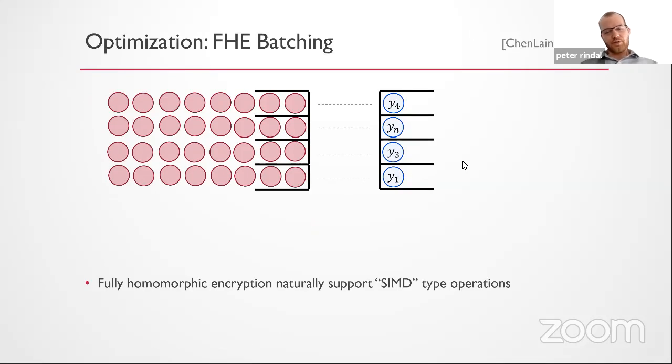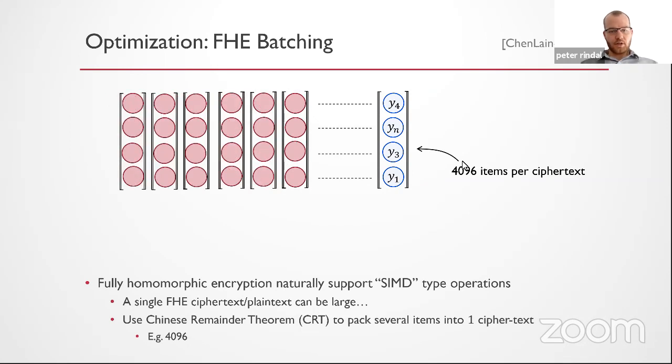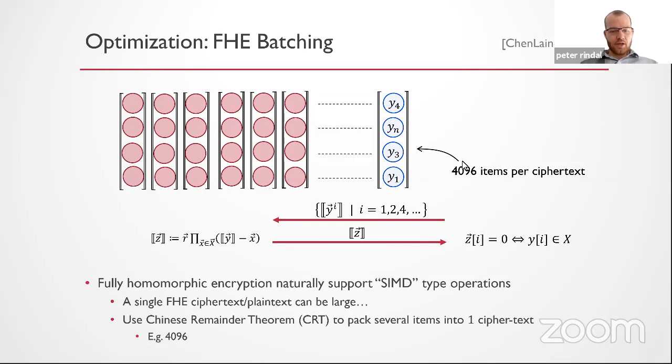The first thing we do, as I'm sure everyone has seen many times, is we apply this idea of FHE batching. An FHE ciphertext can actually support many plaintext slots in a single ciphertext. And so we simply take advantage of this, where instead of encrypting each y individually, we encrypt them as a vector. Then we send that over and do vector operations on each of the x columns. So basically we're still running the same exact algorithm, but now we're doing this component-wise vector computation.